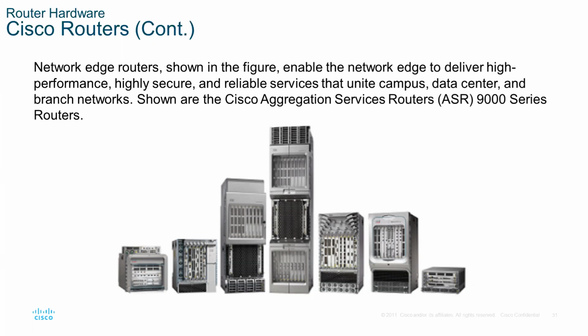So we need aggregation service routers which are built for the volumes of traffic that they will see. So compared to branch routers, these ones are designed to aggregate hundreds of branches together.